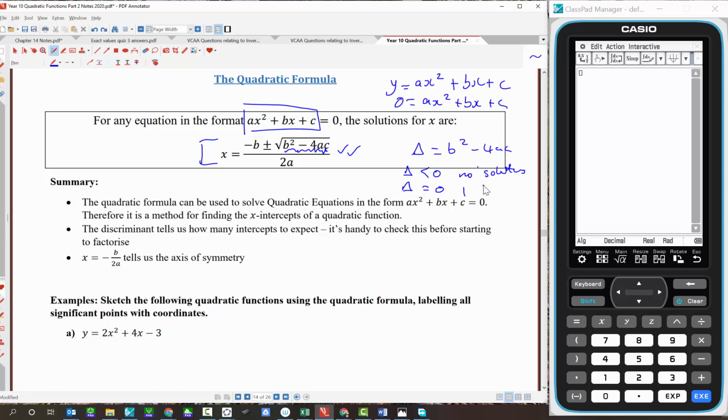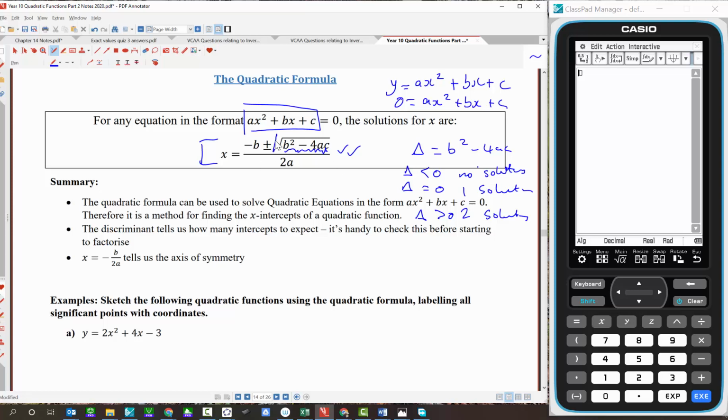And if the discriminant is larger than 0, then we get the plus minus, so two solutions. If we get square root 0, it's just 0. Plus or minus 0 doesn't exist, it's just 0. So if it's greater than 0, we do get the two solutions.